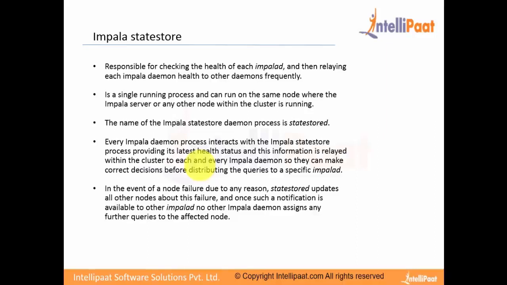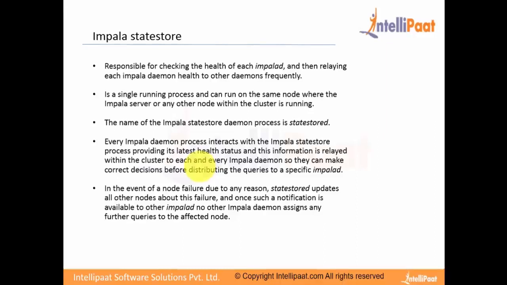In any event where a node fails for any reason, it may be some network congestion or a hardware failure, the state store D updates all other nodes about the failure. And once such a notification is available to all the Impala D, no other Impala daemon assigns any further query to the affected node.